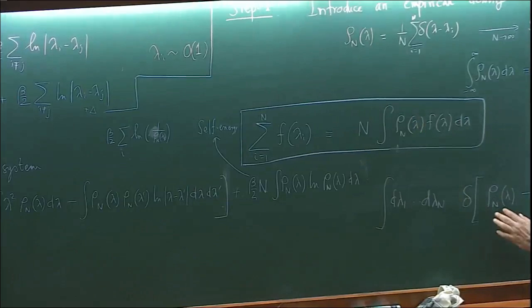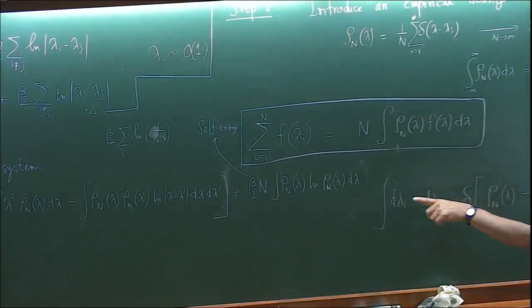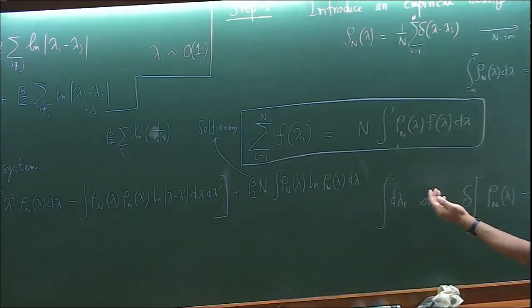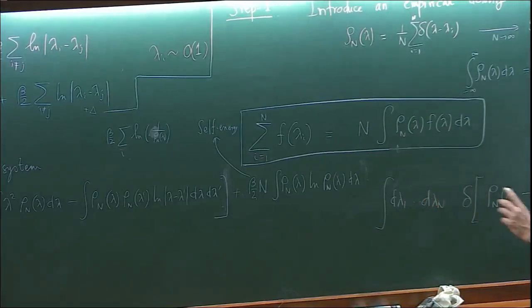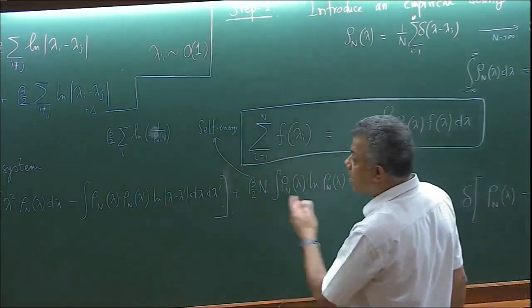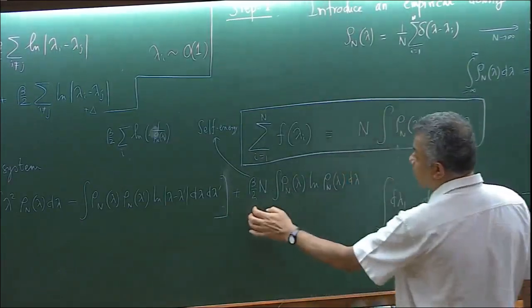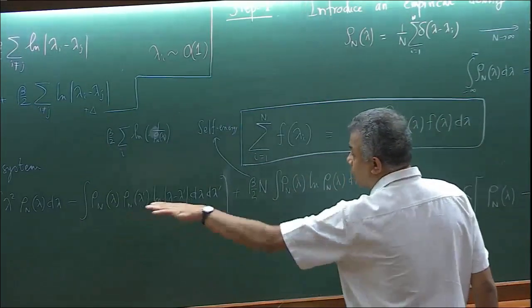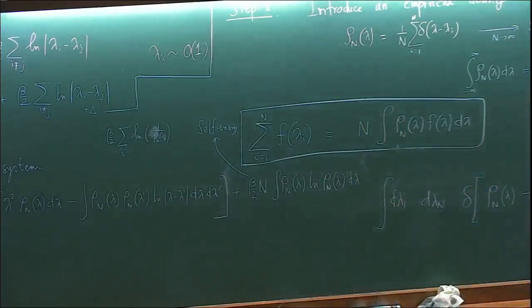So I fix the density, which means that all microscopic configurations must satisfy this condition. So there's a delta function. Then I have to sum over all possible configurations. And there's the energy term, which involved the lambda i's. But when expressed in terms of the density, it just comes out of this multiple integral. So it just becomes this, and then there's the extra self-energy term.